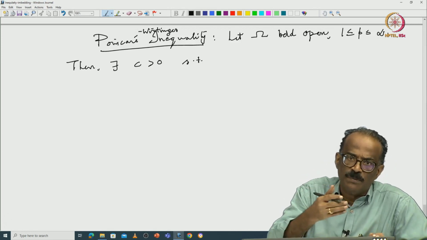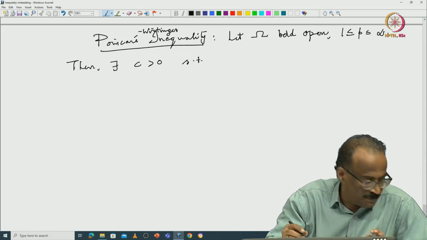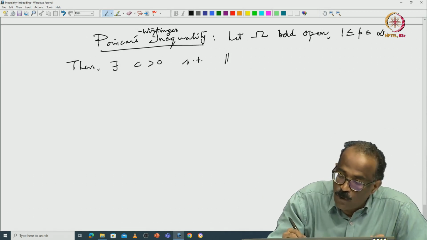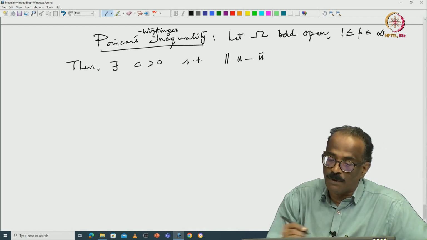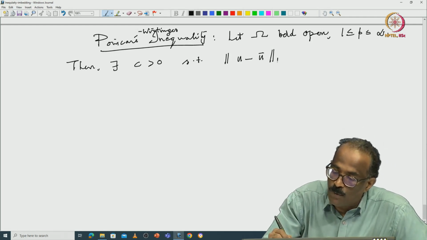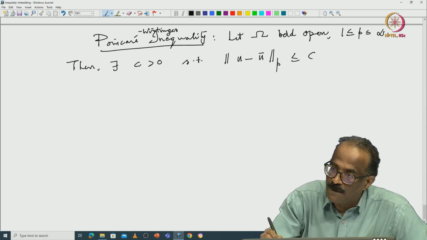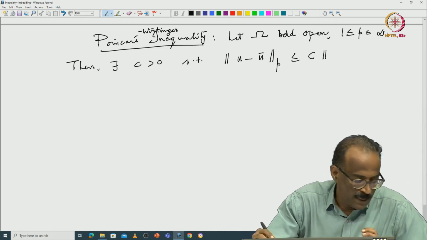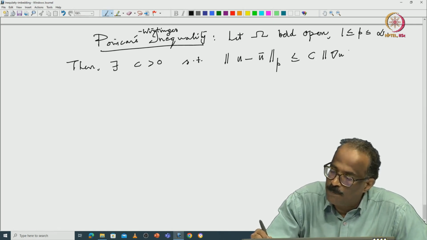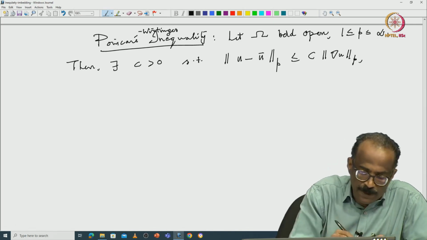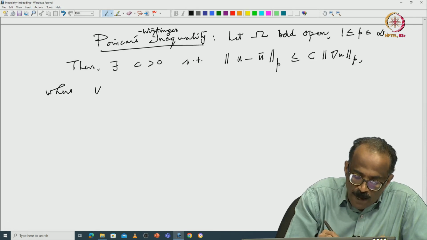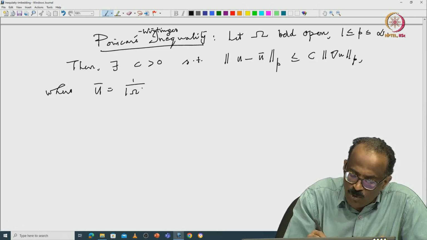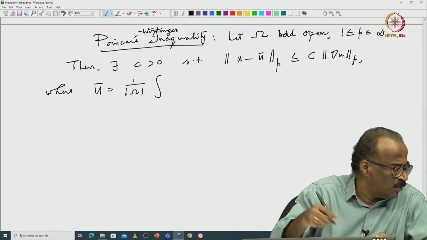So you have to somehow remove certain constants, or find an appropriate constant. So you are removing a constant u bar. The norm of u minus u bar is less than or equal to C times the norm of grad u in L^p, where u bar is the average, 1 over modulus of omega. You can take even the average on the boundary.